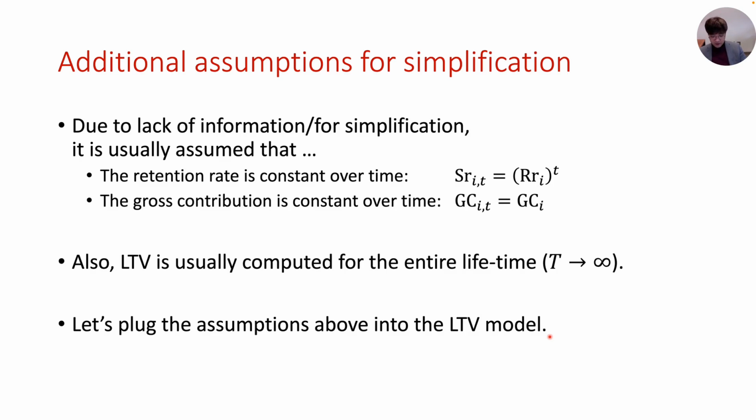To determine the values of those components, we have to rely on other information sources such as market reports, public statistics, and internal analysis reports. But the information sources are not always available, and even though they are available, it is still very hard to correctly predict the fluctuations of the survival rates and gross contributions.